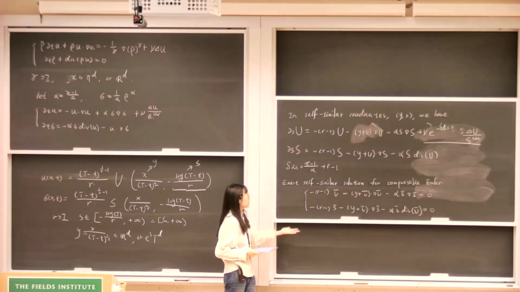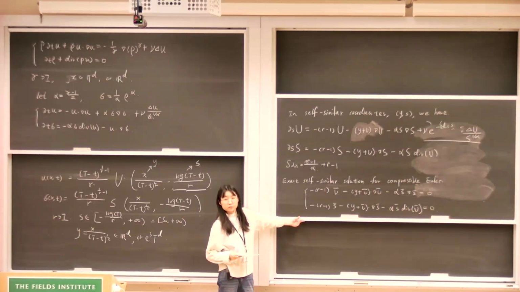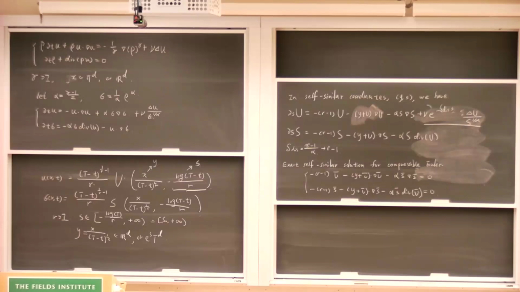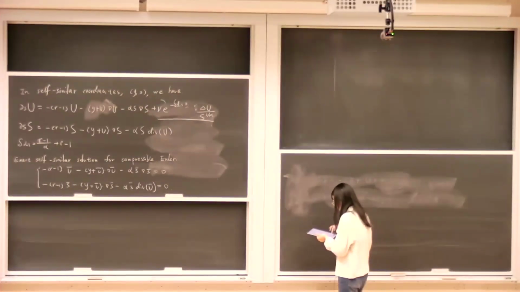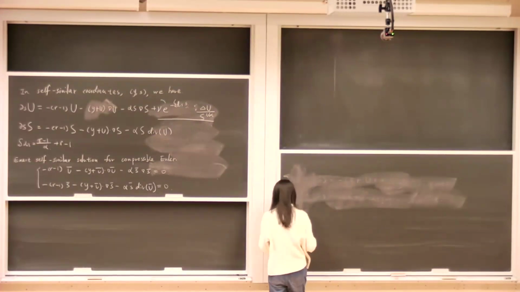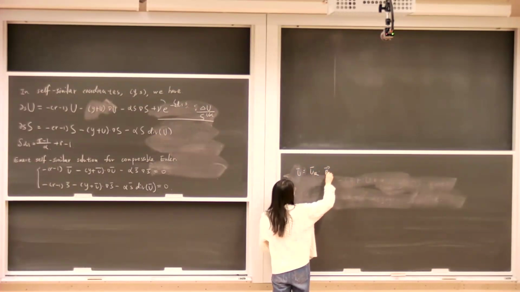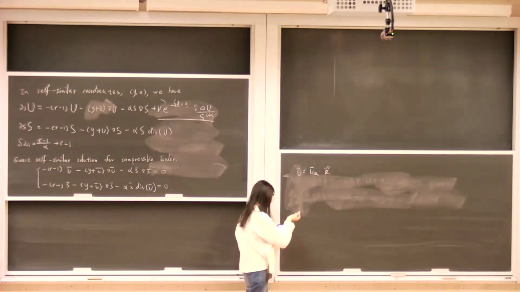So then, of course, we impose the radially symmetric assumption. So this U bar is only radially symmetric, so it only has the radial component. So let R be the radial direction.